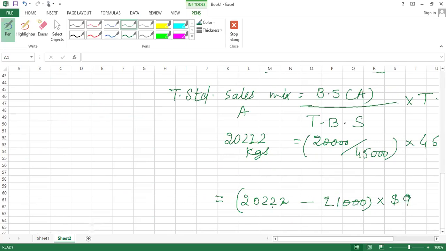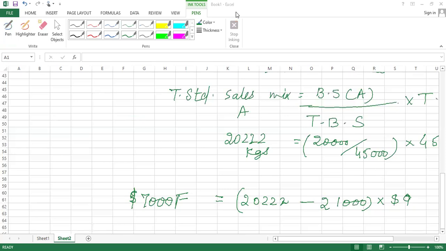So as per standard sales mix, we should sell 20,000 triple two units, but we are actually selling 21,000 units. So we are actually selling higher amount of units. When we are actually selling greater amount of units, it means it will increase our profit. When something will increase my profit, it means it is favorable for me. So the variance is what? Variance is favorable.